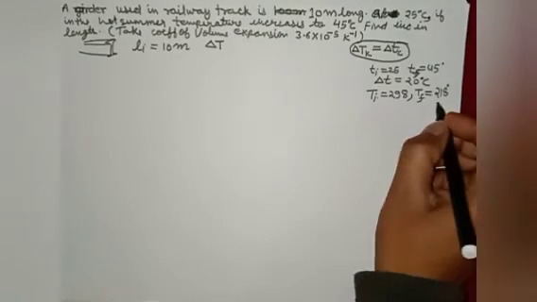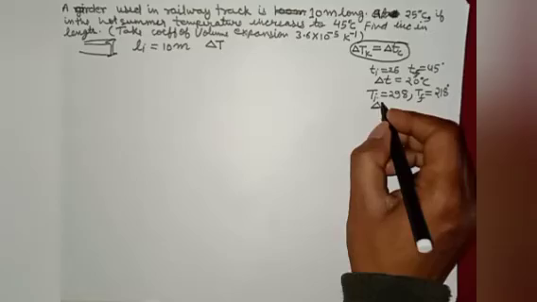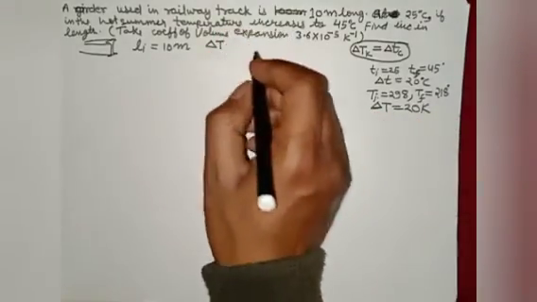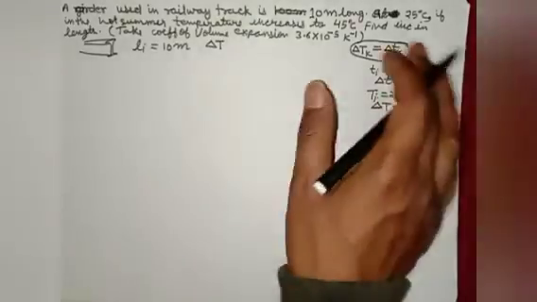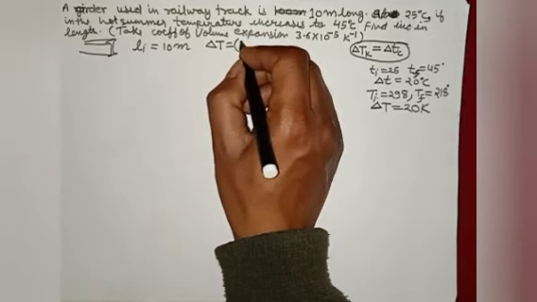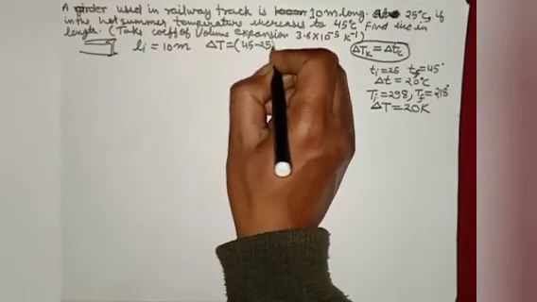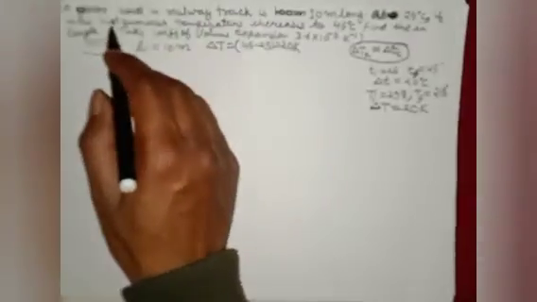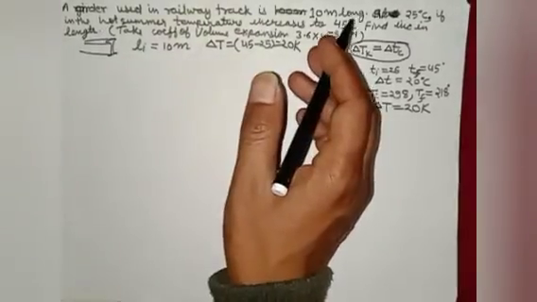So if we subtract both of them, delta T, still the answer will be 20 Kelvin. So remember this thing. I am not going for this entire calculation. We have to directly put 45 minus 25, that is 20 Kelvin.